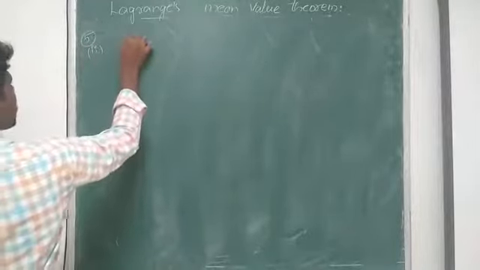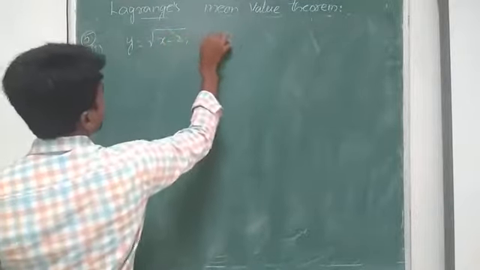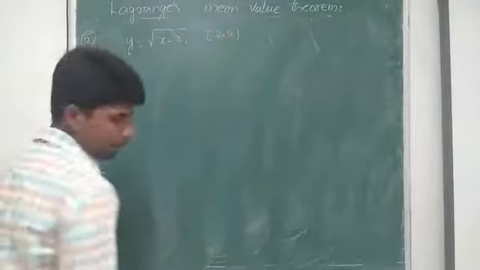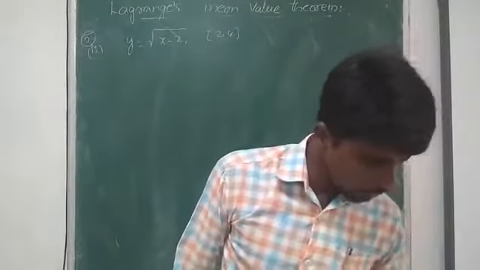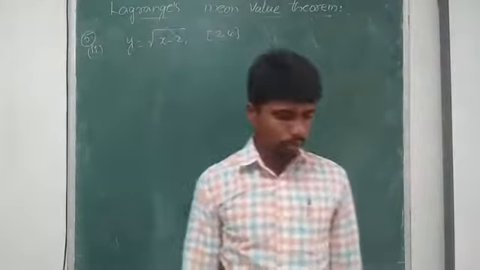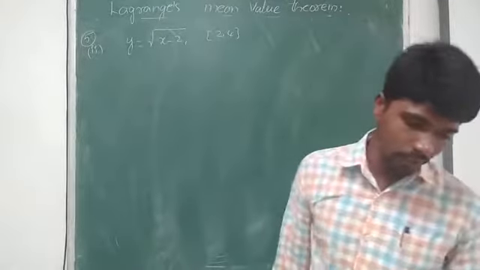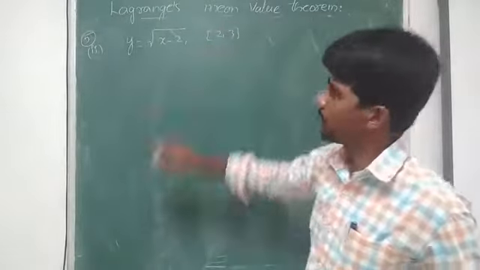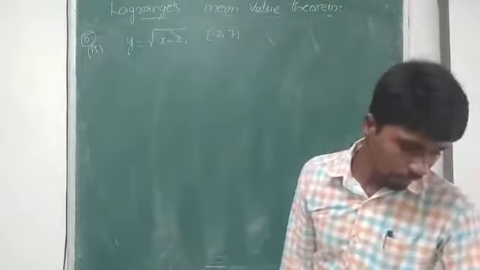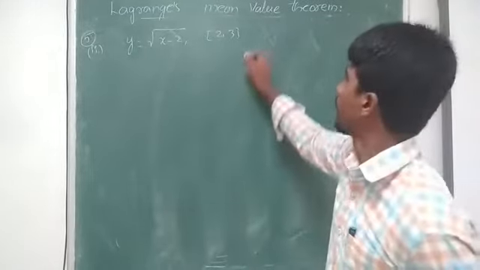The second question: y is equal to root of x minus 2 defined in 2 to 4. Let me read the question once. Use Lagrange's mean value theorem to determine a point P on the curve y is equal to root of x minus 2 defined in 2, 3, where the tangent is parallel to the chord joining end points.